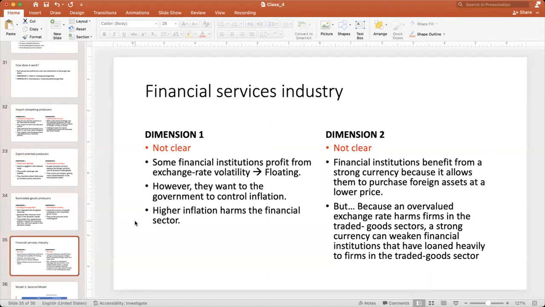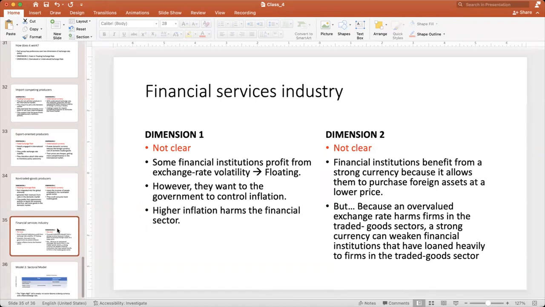Why? Because in that way, they could work with the domestic firms, and the domestic firms need protection from the volatility of the exchange rate.